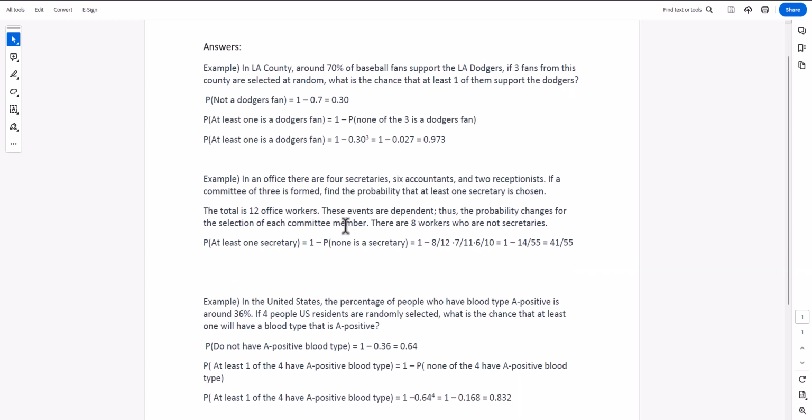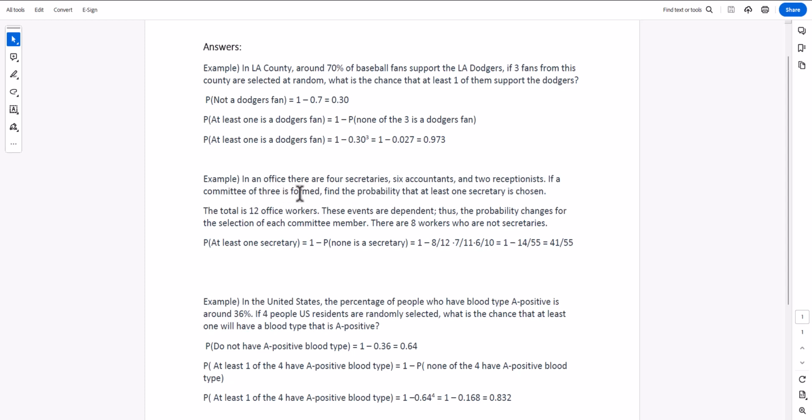In the second example, these are dependent events because we're selecting objects from a small group and not replacing those objects back. In this case, the objects are employees at an office. So it states, in an office, there are 4 secretaries, 6 accountants, and 2 receptionists.